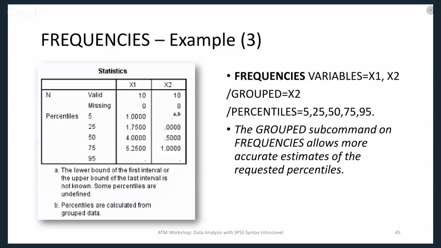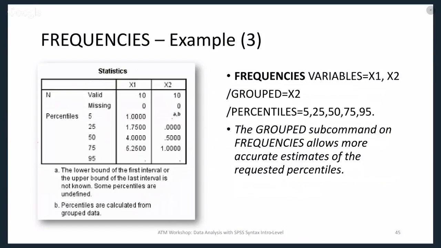First of all, this is one, and this, on the right-hand side, is another one. In this case we use two variables, x1 and x2, and I also grouped x2. I also request percentiles: the 5th percentile score, 25th, 50th, 75th, and 95th percentile score.